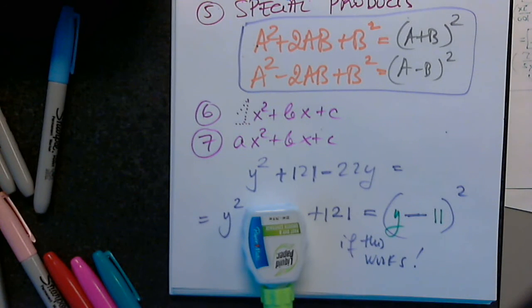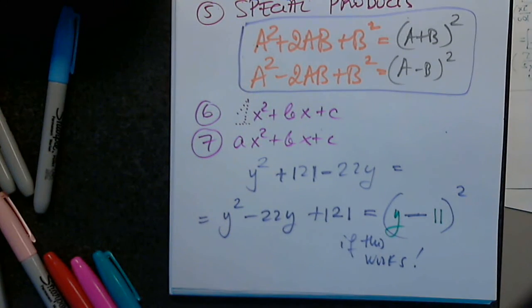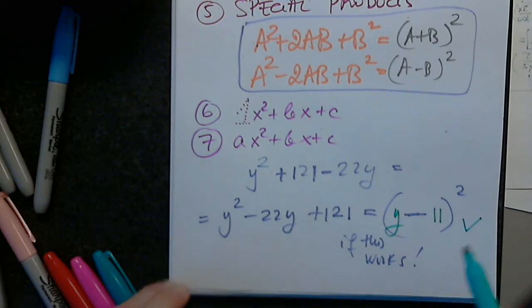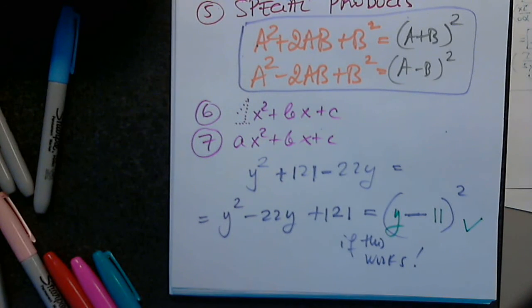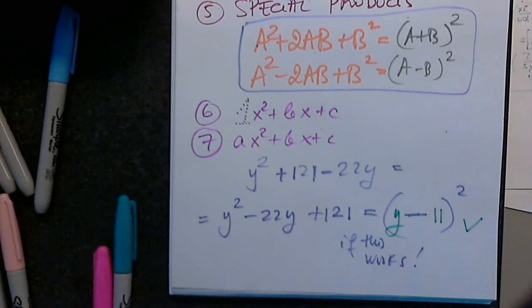Negative 2 times 11 times y, which is negative 22y. Is it negative 22y? Yes. So this is the correct form. Can you say that again? Yes.